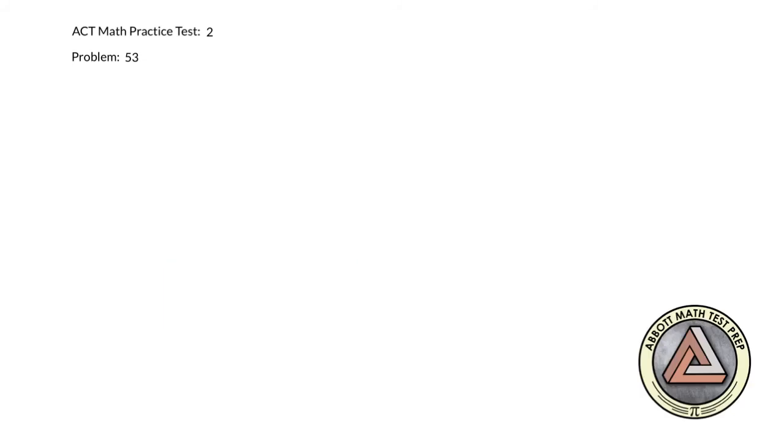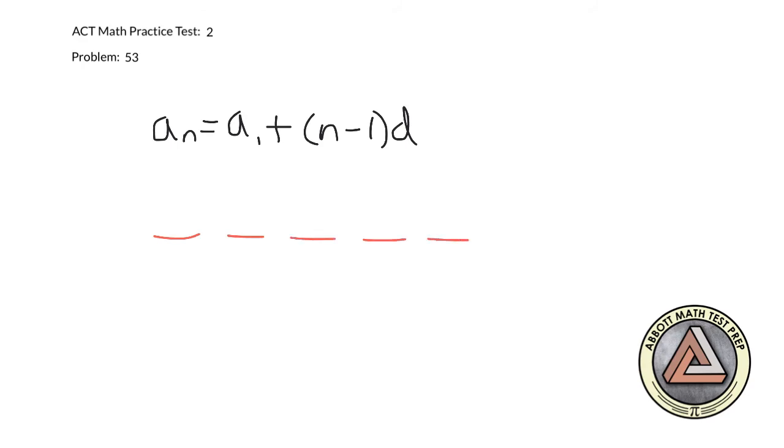So problem number 53 is an arithmetic sequence and an arithmetic series problem. Very quickly, the arithmetic sequence formula is this, and it's definitely worth writing down and getting familiar with. First of all, what is an arithmetic sequence?